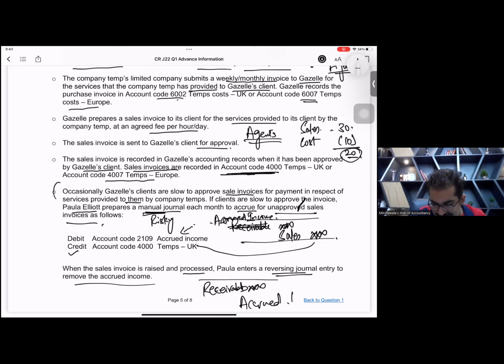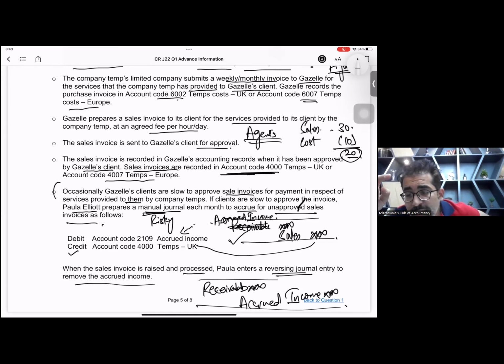Now, what is the risk? See the risk. These things are done manually. Just think that a month before, we booked sales for this transaction. What if, when we issue the real invoice, we make the entry receivable debit, sales credit again? That means there is a risk of double counting of sales, double booking of sales, and your revenue will be increased.